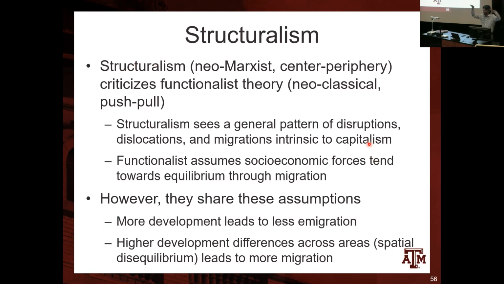Even though they have different ways to understand why migration happens, they share similar assumptions that development leads to less emigration, exactly the graph I just showed by drawing on the slide. And greater development differences across areas lead to more migration.